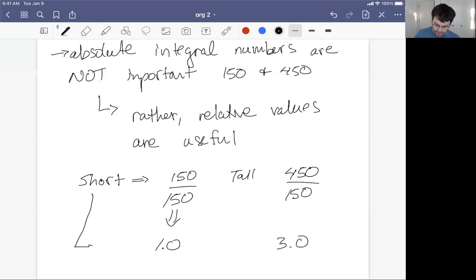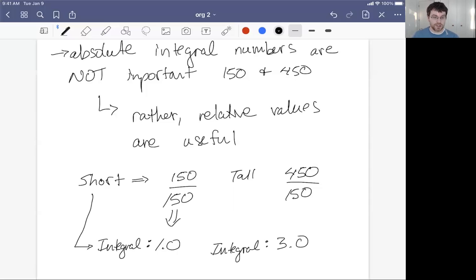So these are our integral values. We have 1 and 3 for the integral values for these two signals.